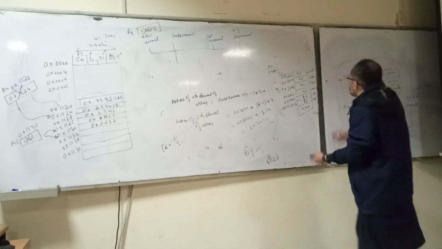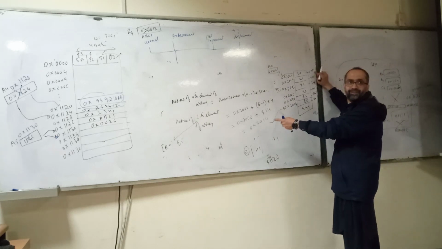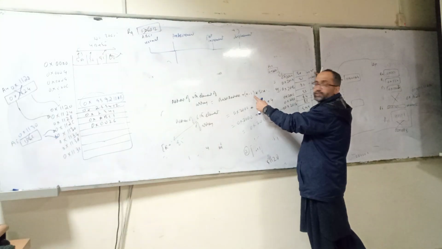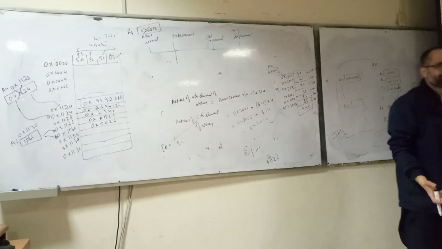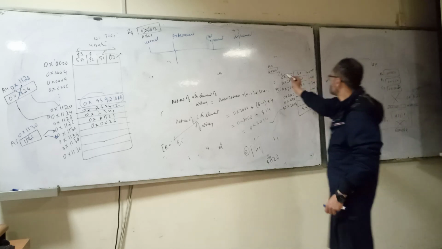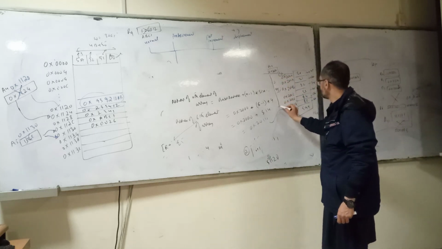And if it is the first element, it's very simple. The first element, 1 minus 1 is 0, and it is actually the base. If you look at this, this is called the offset.